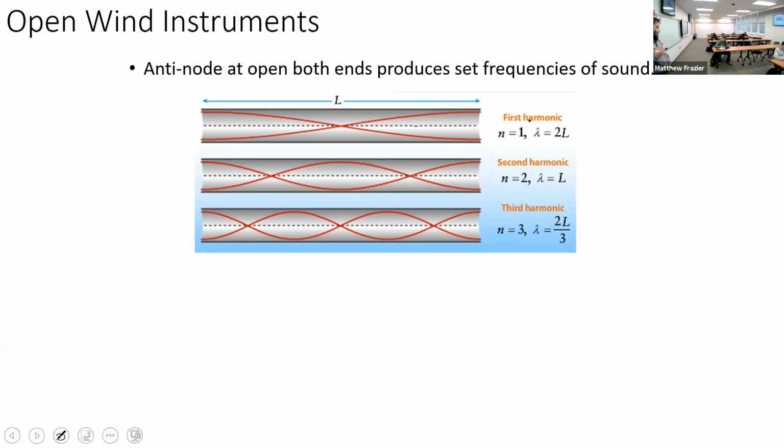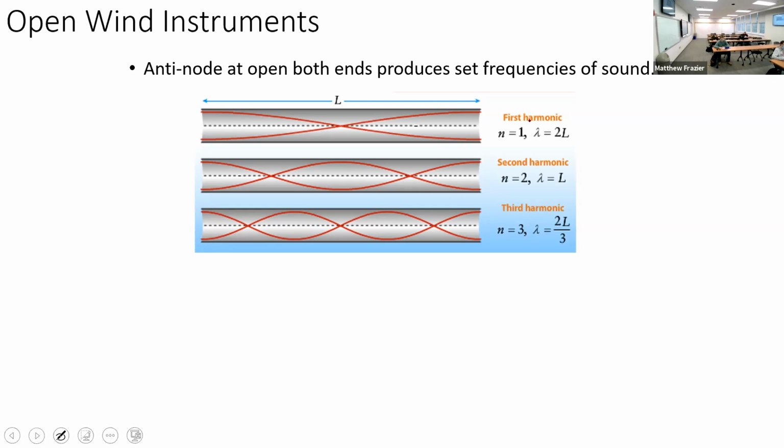The case where both ends are closed doesn't matter because you can't vibrate the air inside. But a case where both ends are open: this is all of the flute family. Maybe there are some other instruments, but I'm not certain. All of the flute instruments are essentially a pipe with two open ends. The way you would think about this is that at those open ends, there's nothing restricting the movement of air, so the amplitude absolutely can change.